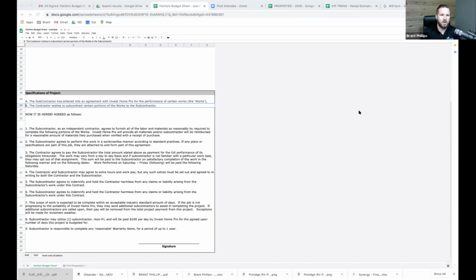For those of you who are scaling your investments and you're working with guys, the invoicing part of being a real estate investor can be quite cumbersome and very time consuming if you allow it and if you don't build some really good systems.